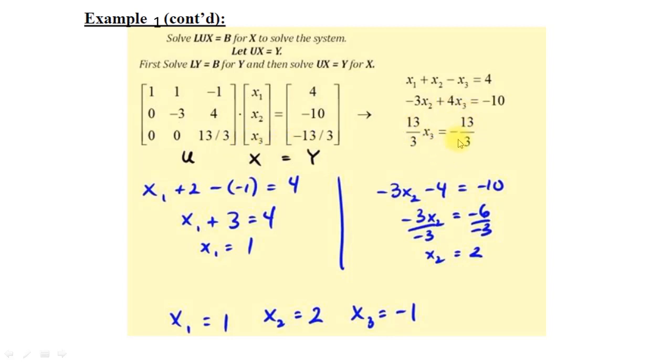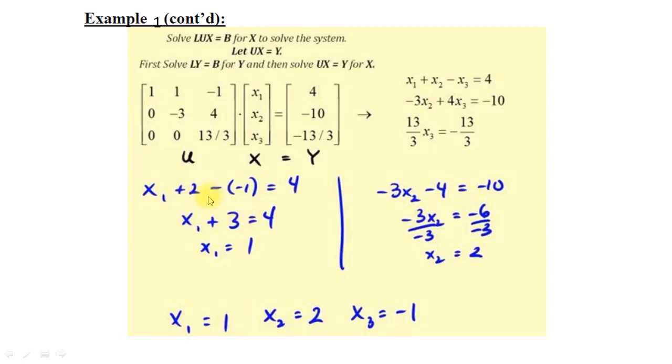So here we use back substitution to find the value of x3. To find the value of x3 here, x3 is -1, and putting the value of x3 in this equation, we obtain x2 is equal to 4, and now using the value of x2 and x3 in this equation, we obtain the value of x1 is equal to 1.